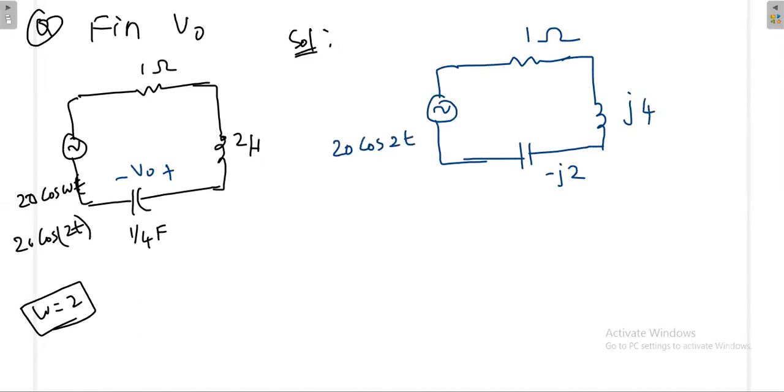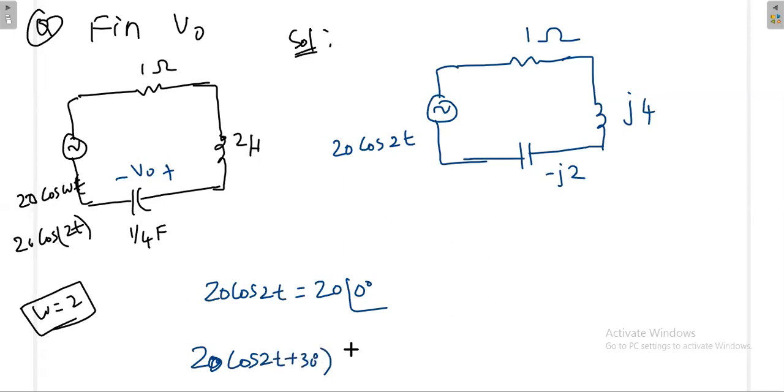Now the 20 cos 2t can also be written as 20 angle 0 degree. That you have to understand first. The signal can be directly represented in the polar format. 20 cos 2t is equal to 20 angle 0 degree. Suppose it is in a different format, for example 20 cos(2t plus 30 degree), then how to represent this in the polar format? Directly 20 angle 30 degree.